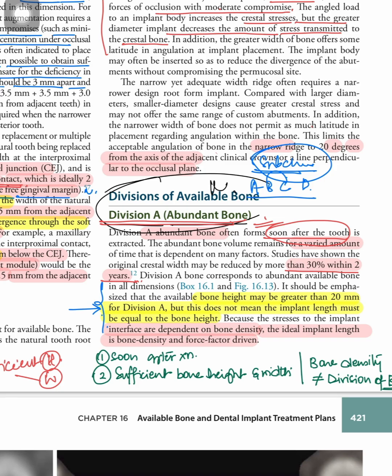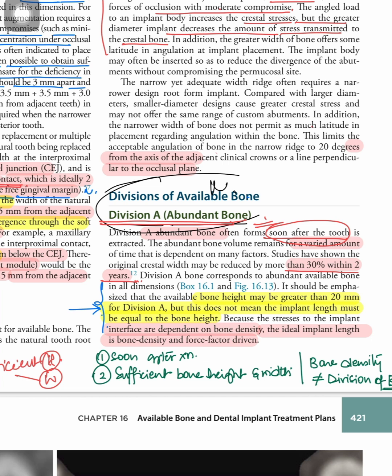If you get this bone, everything should go favorably, and the implants that I'm going to place should definitely last long. So what are the characteristics of division A bone? When we talk about the division of bone, it is dependent on the implant that we are placing.